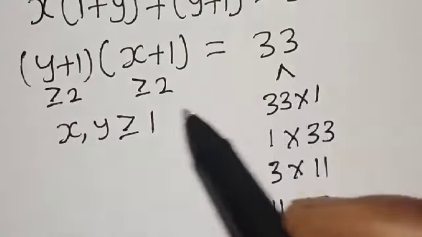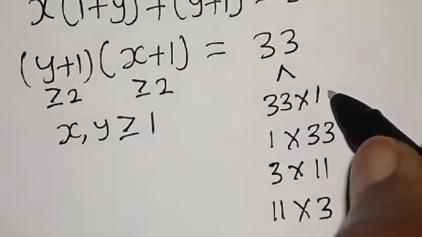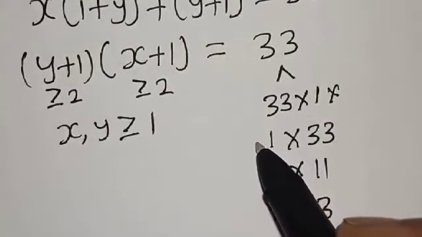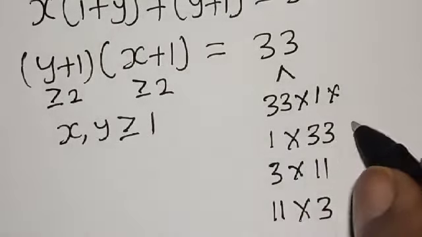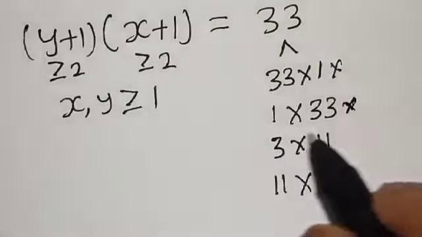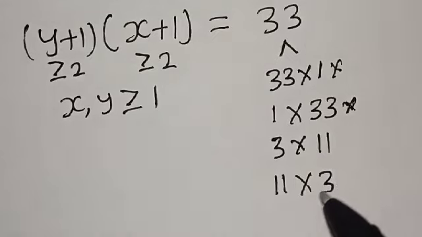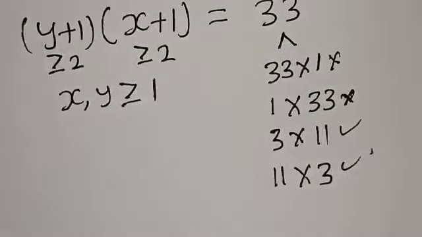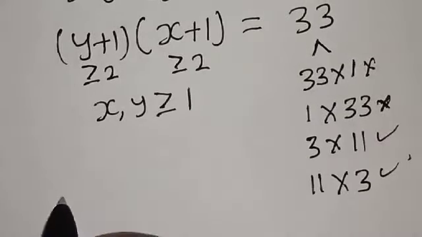Now 33 is greater than 2, but 1 is less than 2. Then we cancel this. Also 1 is less than 2 and 33 is greater than 2. Then we cancel this. Now 3 is greater than 2 and 11 is greater than 2. Then we accept this.